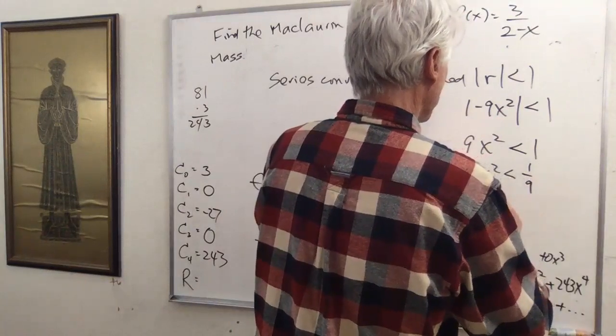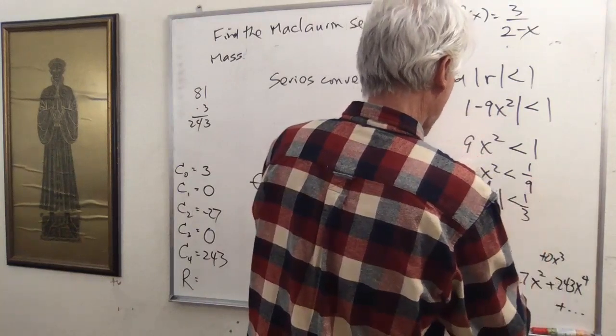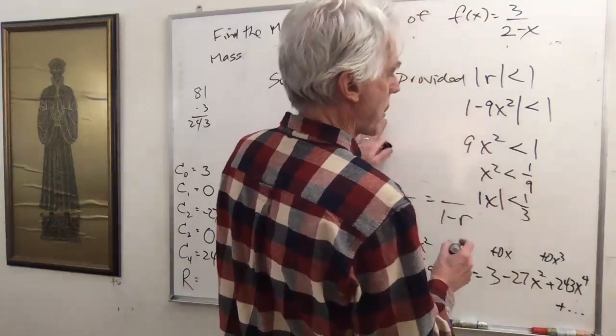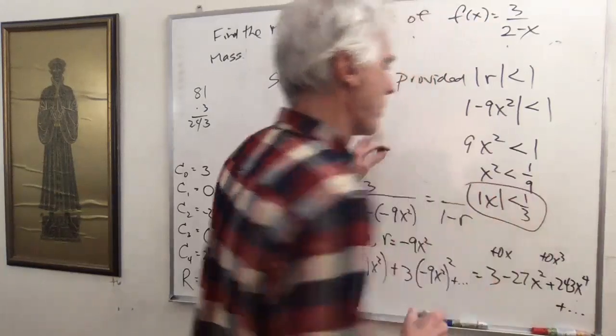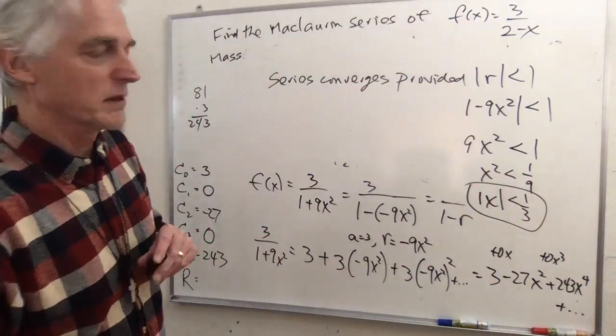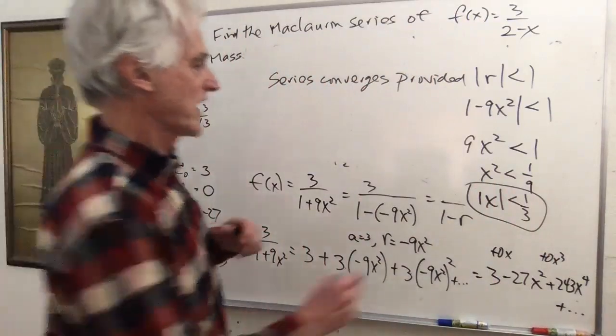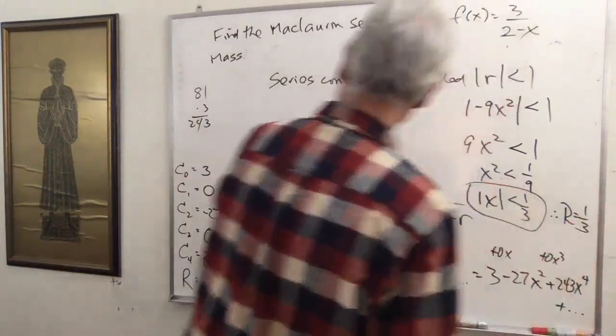Or absolute value of x is less than a third. Okay? You see that? X squared is less than a 9, so absolute value of x is less than a third. So that means the radius of convergence R is a third.